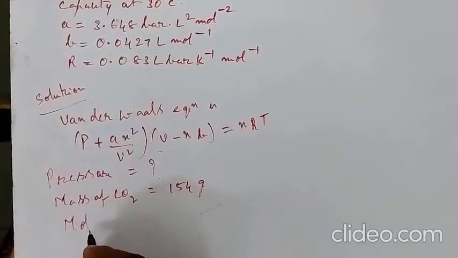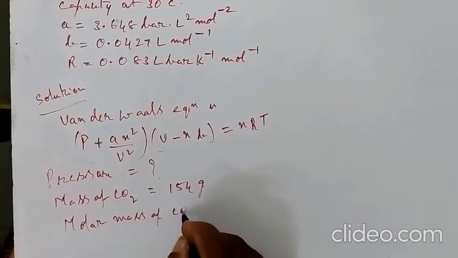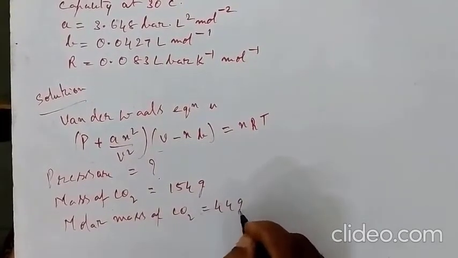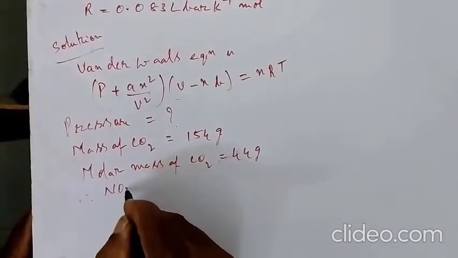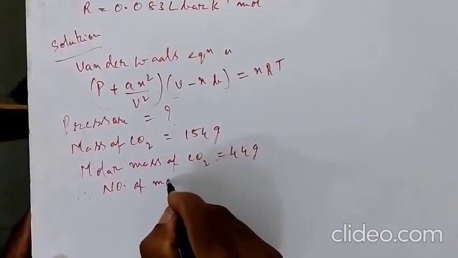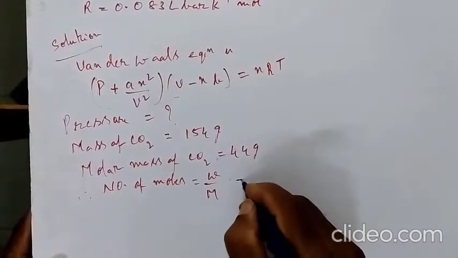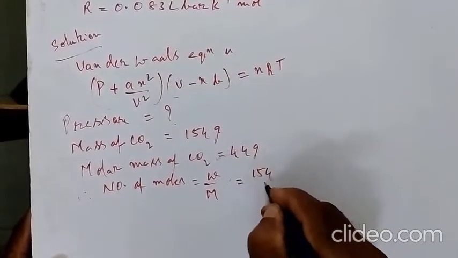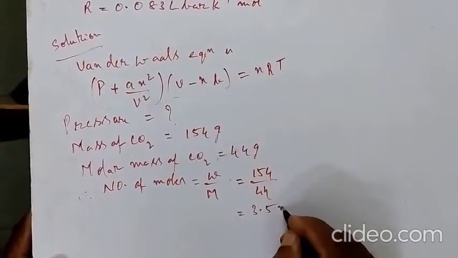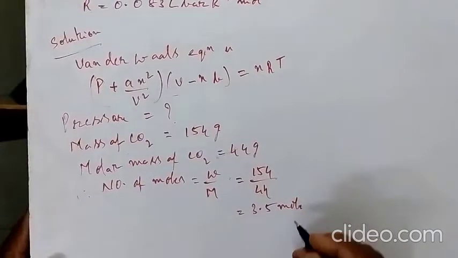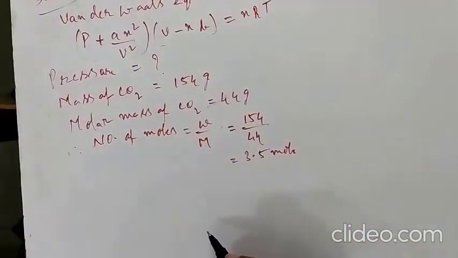What is the molar mass of carbon dioxide? Molar mass of carbon dioxide equal to 44 grams. Therefore, number of moles equal to given mass by molar mass is equal to 154 by 44 is equal to 3.5 moles. So number of moles of carbon dioxide given is 3.5 moles.